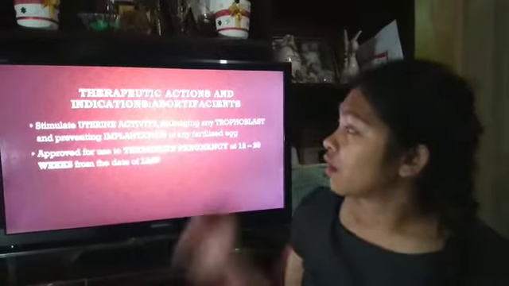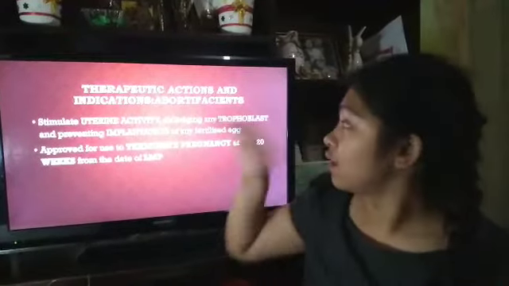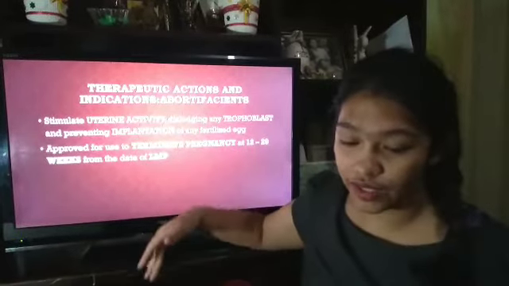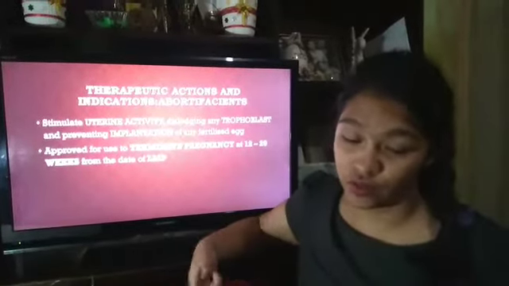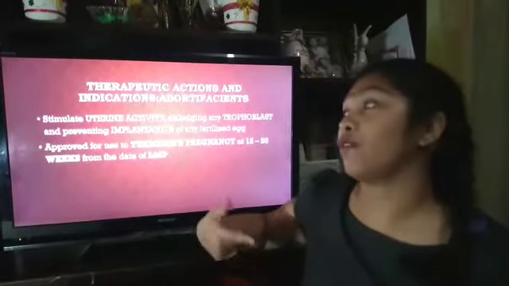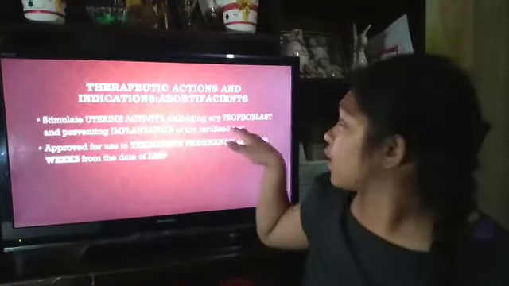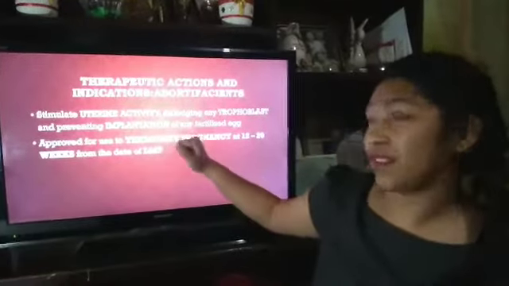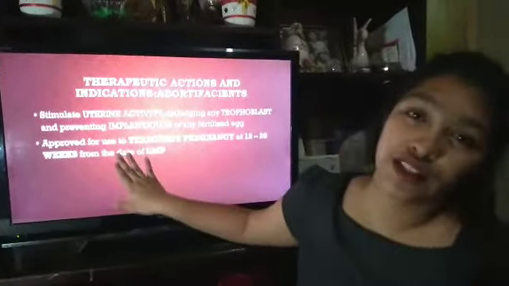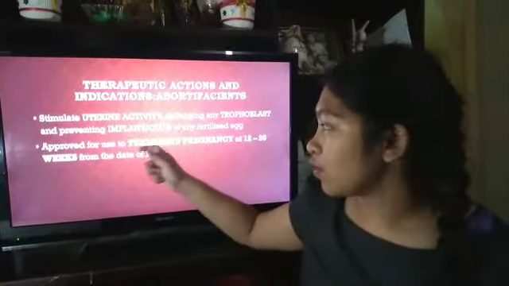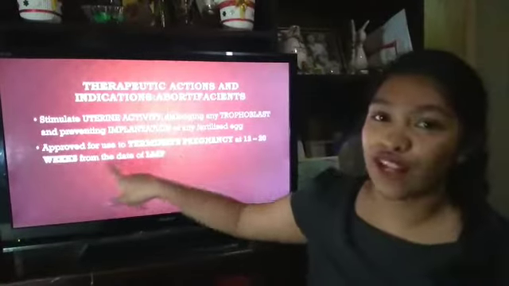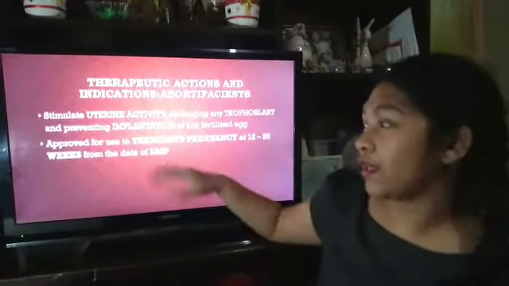It stimulates uterine activity, dislodging any trophoblast, the cells forming the outer layer of the blastocyst, which provide nutrients to the embryo and develop into a large part of the placenta. It also prevents implantation of any fertilized eggs. Approved use is to terminate pregnancy at 12 to 20 weeks from the date of last menstrual period, or LMP.